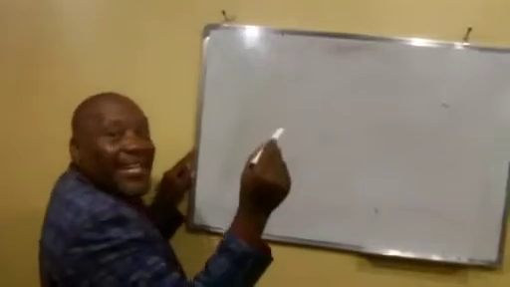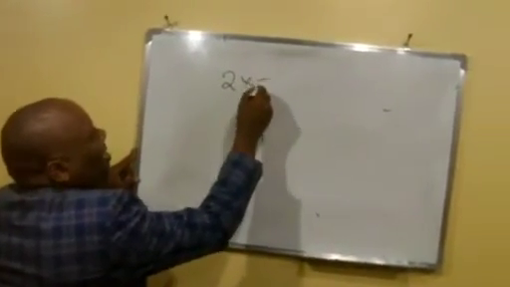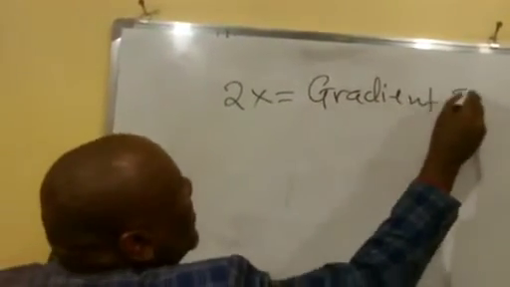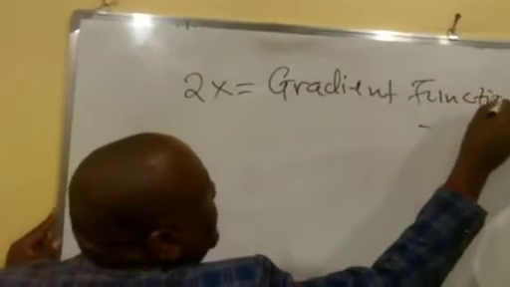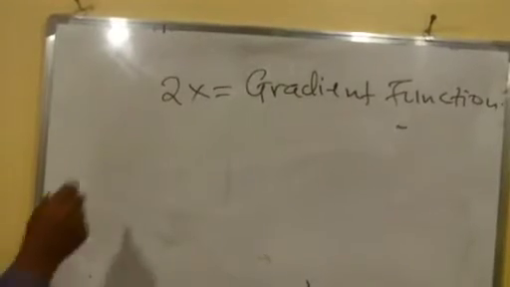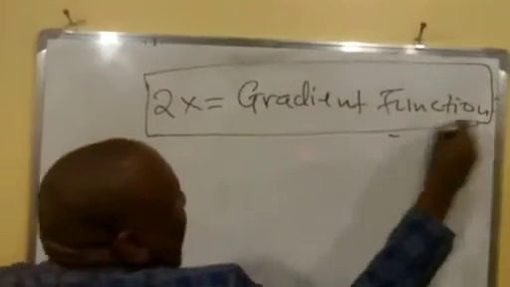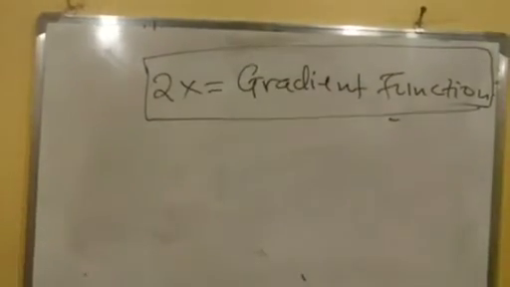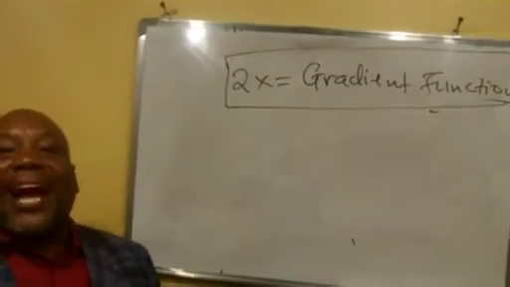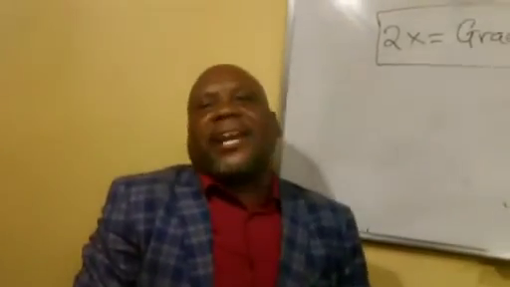What you have obtained is called a gradient function. 2x is the gradient function, and it's very important in mathematics, or in differentiation, to remember our gradient function, because it's the one we are going to be using all the time to calculate the gradient at a given point on any given curve.